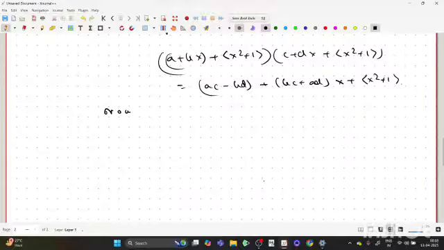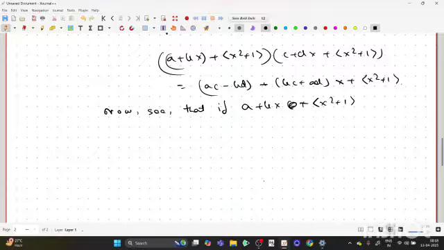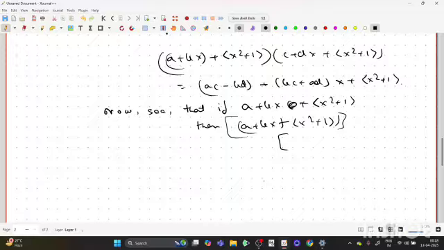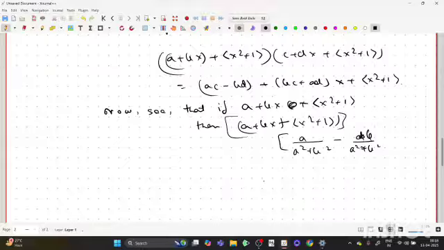Now, what we can do is that if I consider a plus bx plus x square plus 1, times the element a by a square plus b square minus b by a square plus b square x, with x square plus 1, then in terms of this calculation, I will be getting 1 plus x square plus 1.